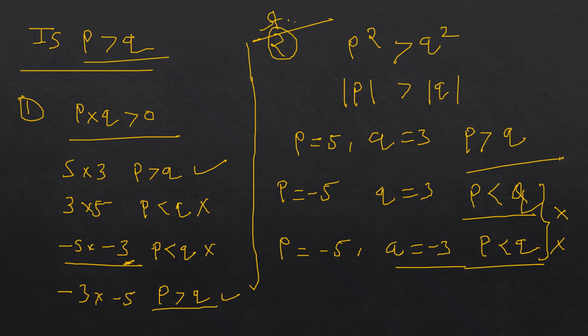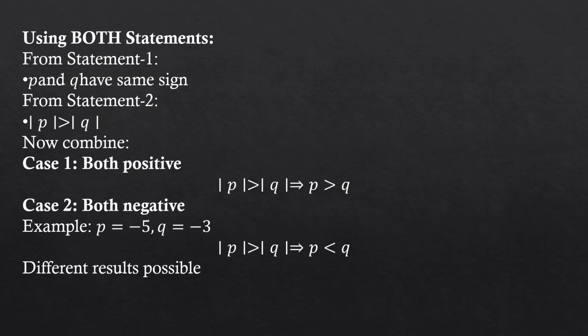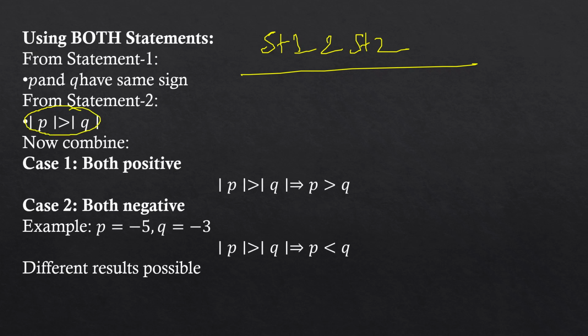Now what we will do, we will combine statement 1 and statement 2 to find out the uniqueness. Now with the help of statement 1 and statement 2, we will check again to find out the uniqueness. But here's the catch, because in the second statement we have mod.